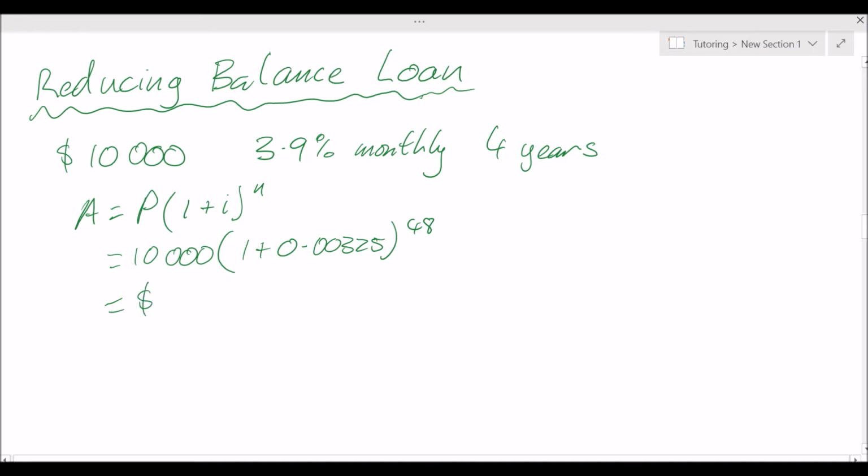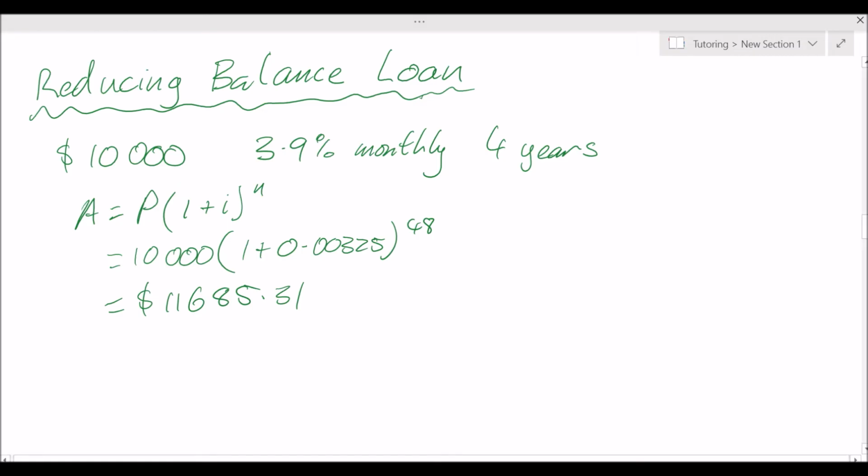And you'd get an answer of $11,685.31. And then presumably after the 4 years is up, this person just pays the entire amount back in one lump sum, okay, which is not really something that happens in real life.